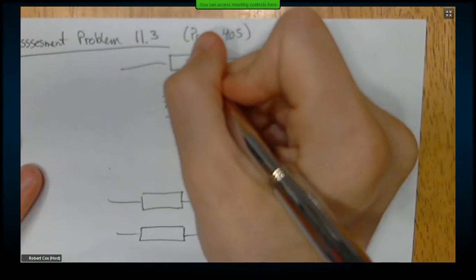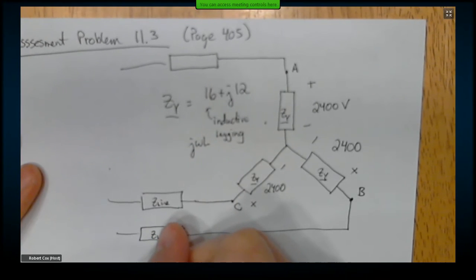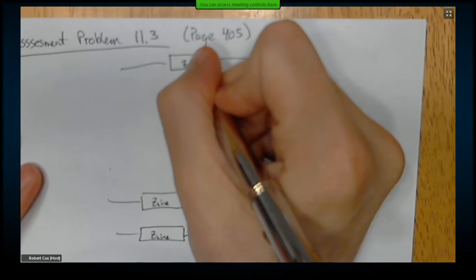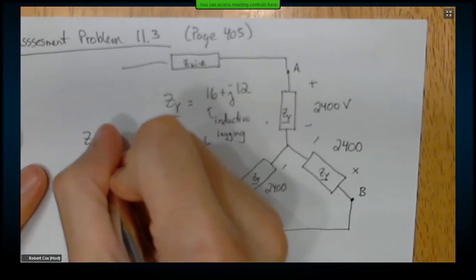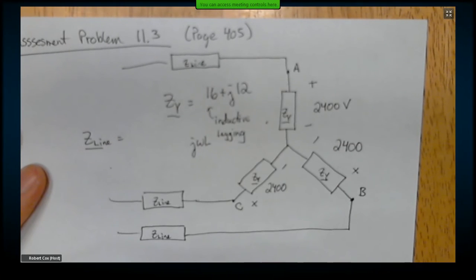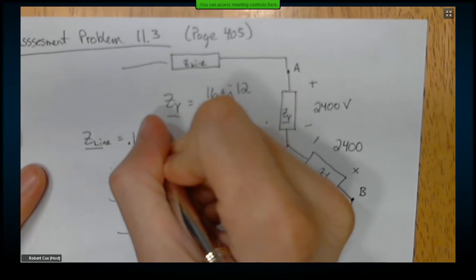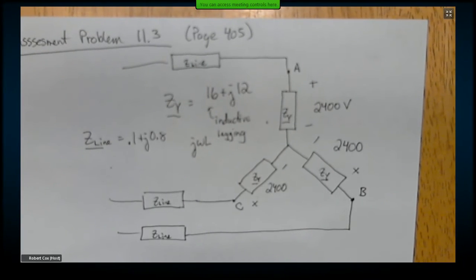I'm going to call this Z line, Z line, Z line, and I'm going to say that Z line equals 0.1 plus J times 0.8. Also inductive, because it's got the positive imaginary part.